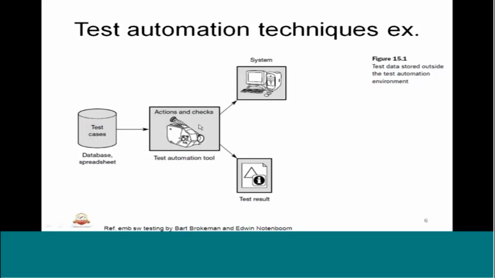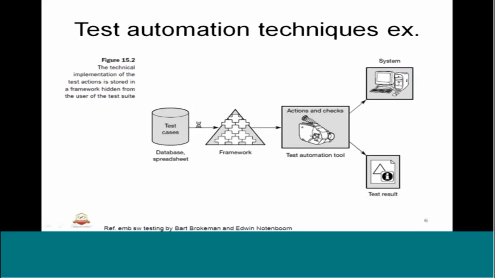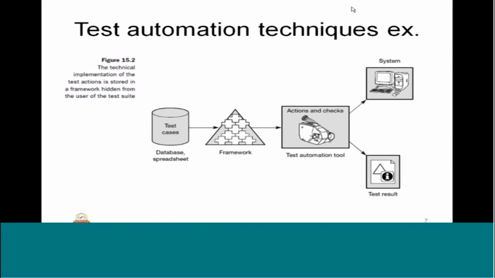Another variant of this you can see in the next diagram, where test actions and checks, as part of the test automation tool, will work like a machine, and the framework is outside. The framework is built a little outside with more automation here.